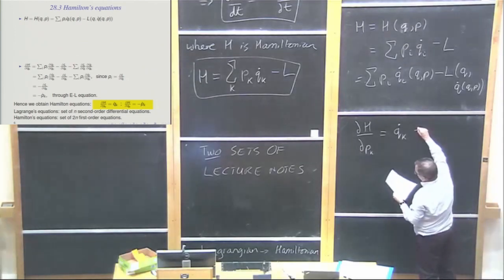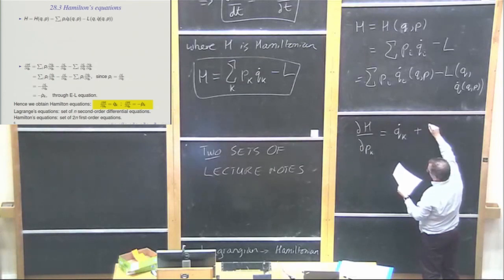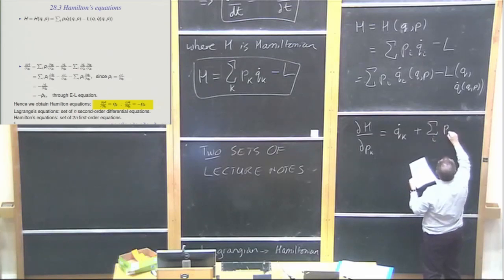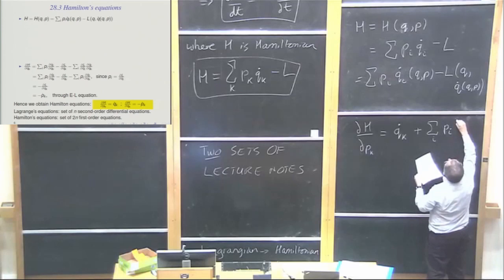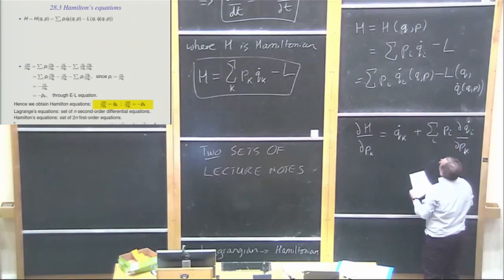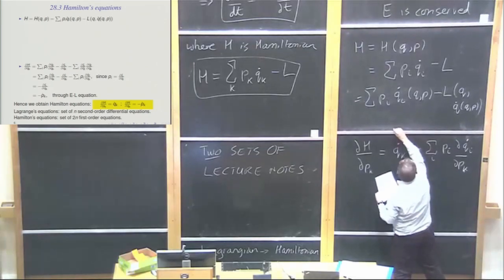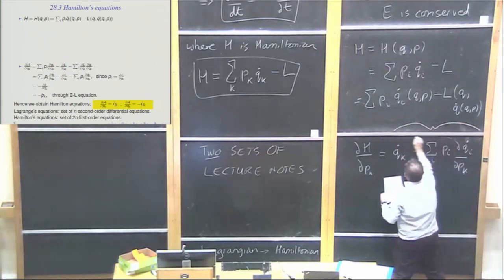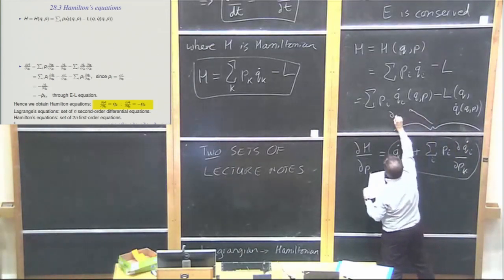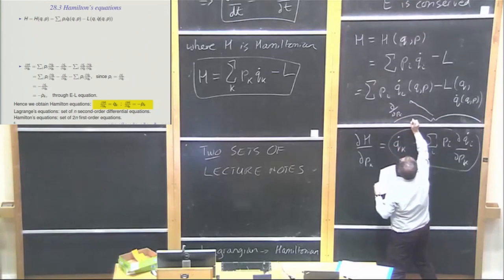And then the second term, I will retain the sum, let me write it: p_i dq_i dot divided by dp_k. Let's just be clear that this part here is the d by dp_k acting on that term.